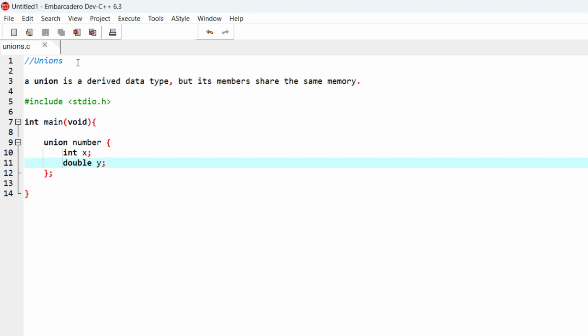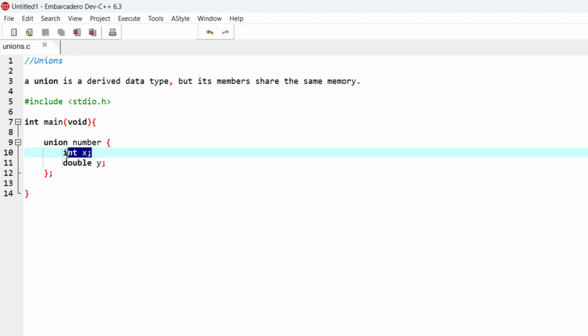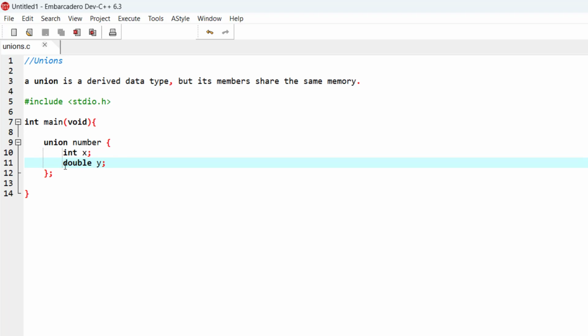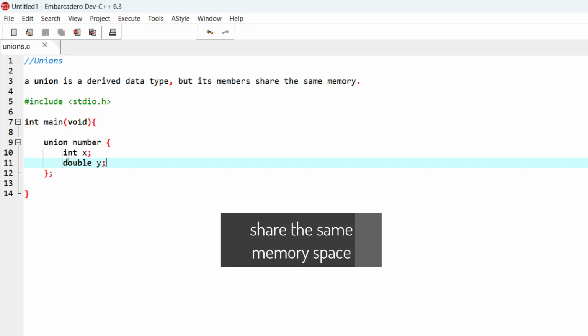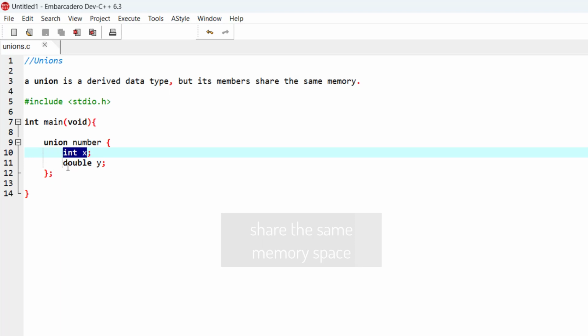The difference between a union and a structure is that in a structure, each one of the members of the structure will have its own memory space and will take its own memory space. But in a union, the members share the same memory space and they do not have their own memory space.